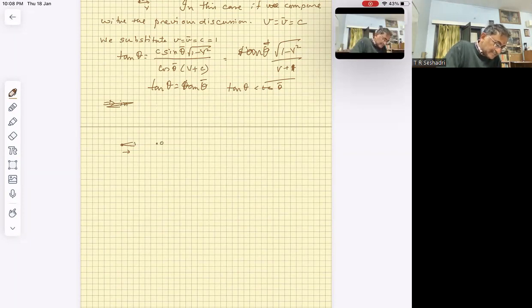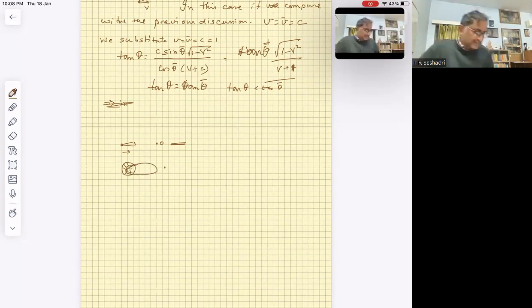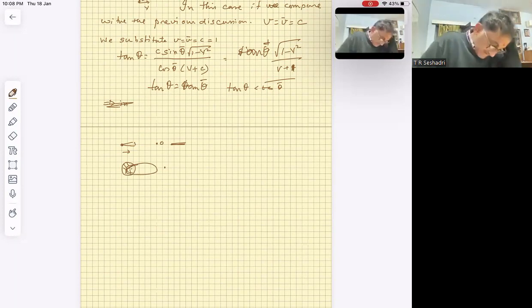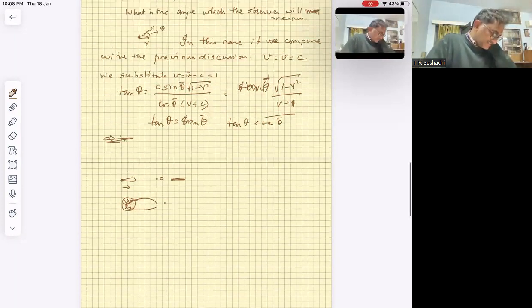The angle which the observer sees will become narrower. If you have light going isotropically in all directions, then with respect to the observer, this light will be more in this direction and less in this direction, because this angle is now smaller than pi. Do you appreciate this point?